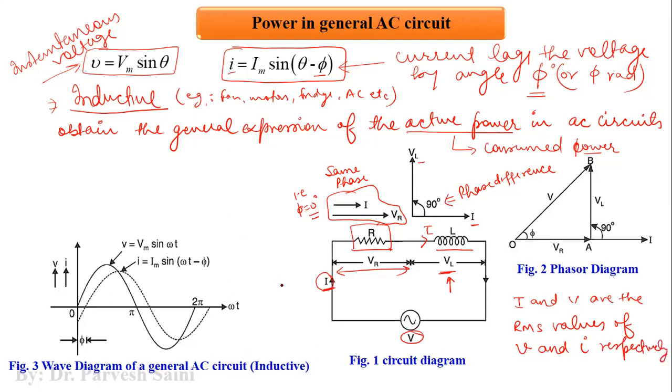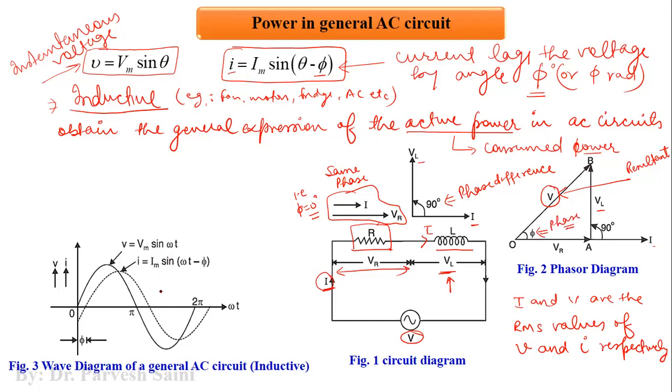So if we draw the phasor diagram of this particular case, you can see that the voltage VR and the current I are in the same phase. The voltage VL is leading the current by 90 degrees, and this is the resultant voltage, and this is the phase difference, right?